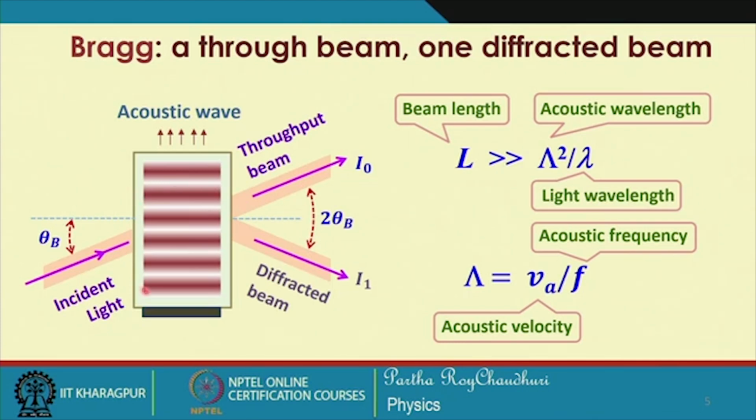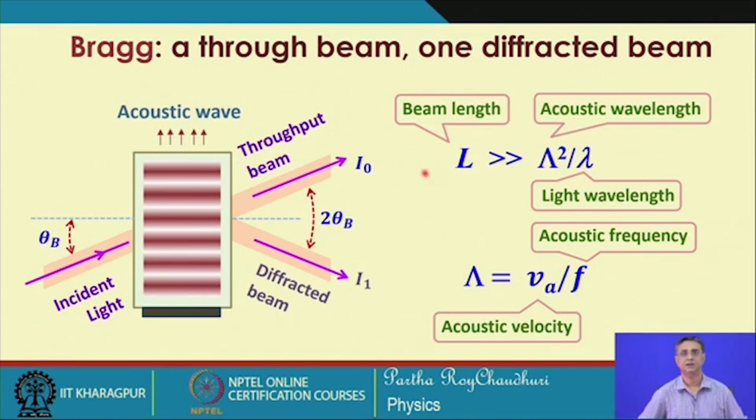And for this Bragg type modulator to work, these are the basic conditions. The beam length L of the acoustic wave will be related to the acoustic wavelength in this form, L greater than lambda squared by lambda, where lambda is the light wavelength.